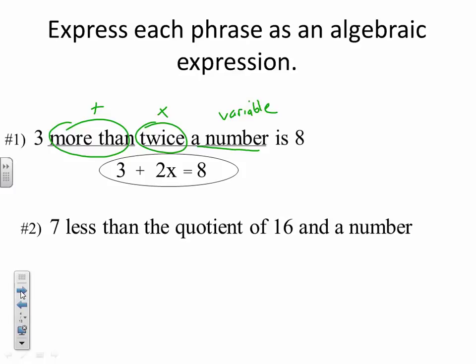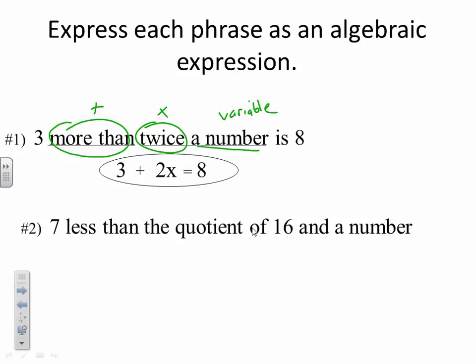All right, 7 less than the quotient of 16 and a number. Well, here's a tricky one. Anytime you see less than, it means we're going to subtract that number at the end. So we're going to subtract 7 at the end of whatever else we figure out here. We're not saying 7 minus something. This is 7 less than whatever all this stuff is. So what is this something?